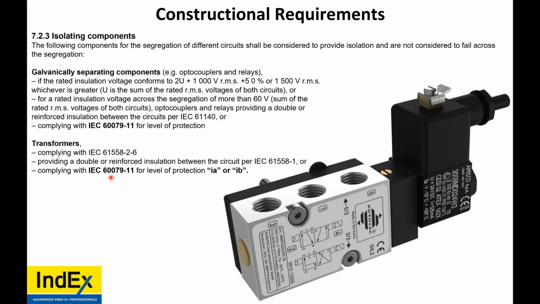Or they can comply to different standards. For example, if the installation voltage conforms to the voltage times itself 2 times, so if it was 500 times 2, then plus 1,000 or minimum 1,500 volts insulation resistance.